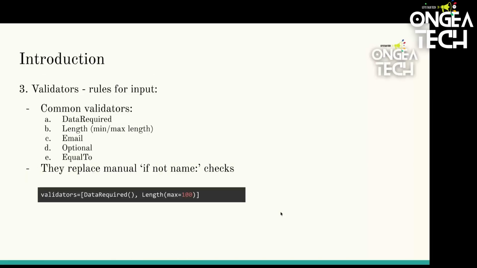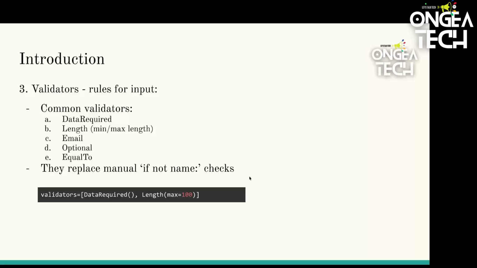Another core thing about Flask Forms is the validators, or the rules that will be applied on the user input. Some of the common validators include DataRequired, which means that input cannot be empty. And then we have Length, which defines the minimum or the maximum length of that input. And then Email, Optional, or EqualTo.